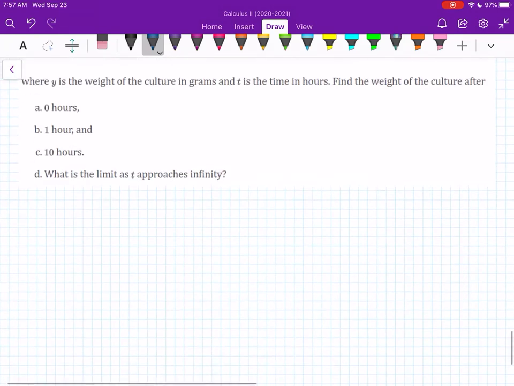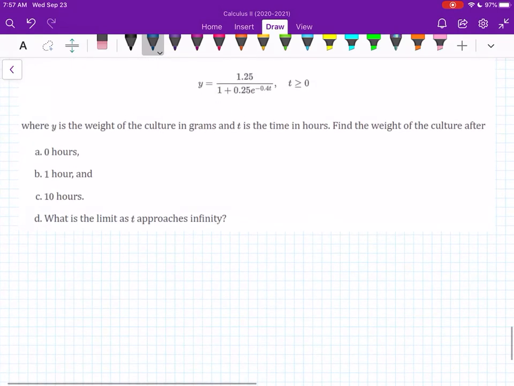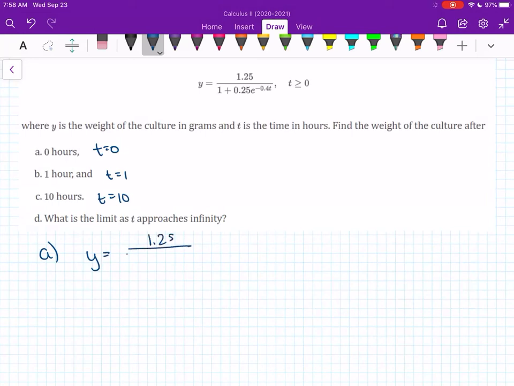So let's do those real quick. So, oops, I guess I shouldn't hide my formula so I can copy it. So for part A, we get y. So for this one, we get t equals 0, t equals 1, t equals 10, and I'm just plugging those values in. So I get 1.25 over 1 plus 0.25 e to the negative 0.4 times 0.